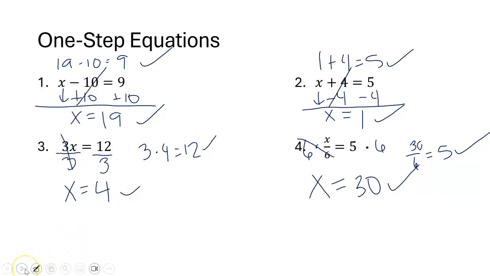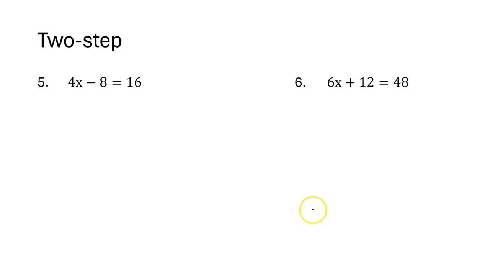So let's add another layer, our two-step equations. Now I have a few more steps. Let's look at number 5. I have 4x minus 8 equals 16. So 4 times what number minus 8 equals 16? That's what we're trying to figure out.